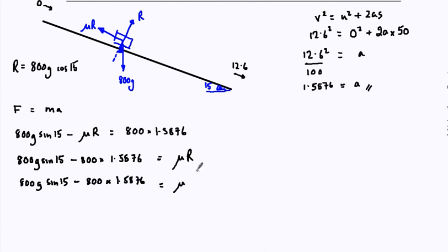So 800g sine 15 minus 800 times 1.5876 equals mu R. Divide everything by R. I know R is this here, so I'm going to divide everything by 800g cosine of 15. It looks a bit complicated, but that is all just numbers into your calculator, and you will see that mu equals 0.100 and so on. Let's round it to 3 significant figures. 0.1 is my coefficient of friction, and we're done.